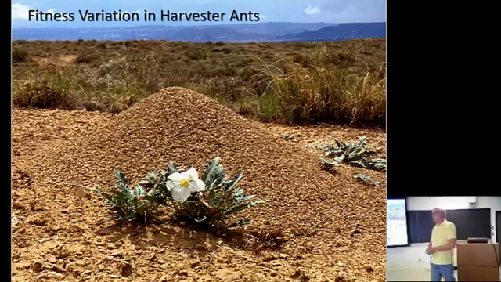The exploration of adaptation in social insects, let's say ants specifically, is the idea of, well, if you know that something is 25% more efficient in doing something, what does that mean for the ants in nature?